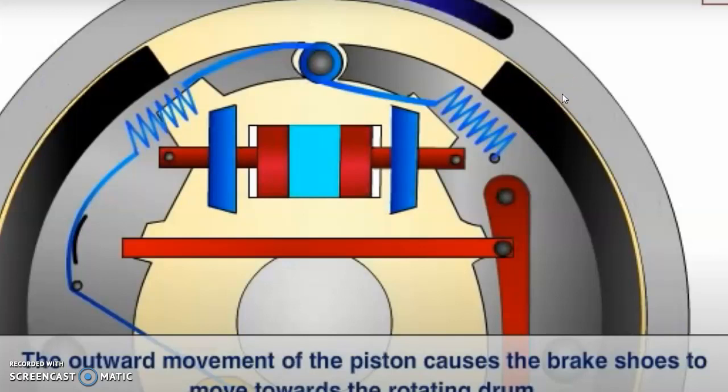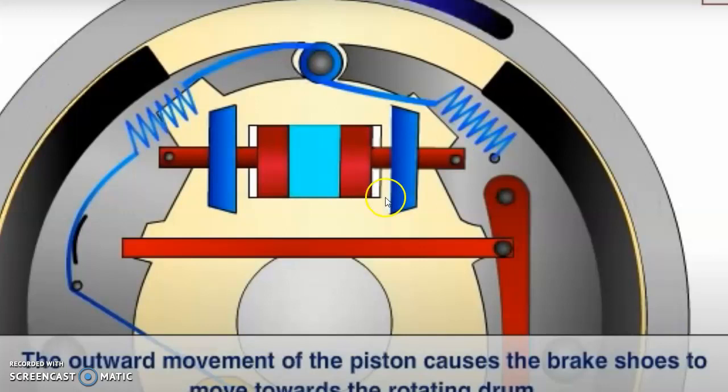Due to this contact, friction takes place, the speed of the drum is reduced, and finally it brakes or locks the wheel. That is how the hydraulic brakes come into work.